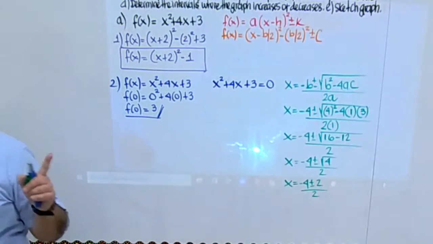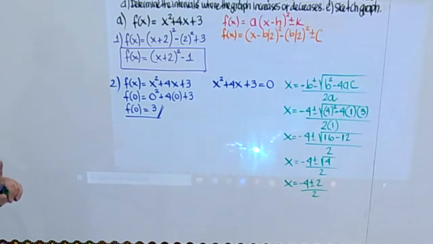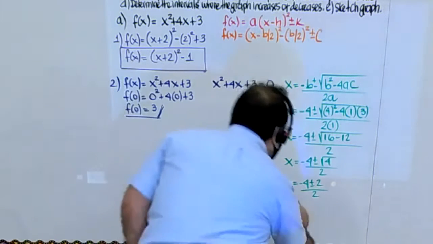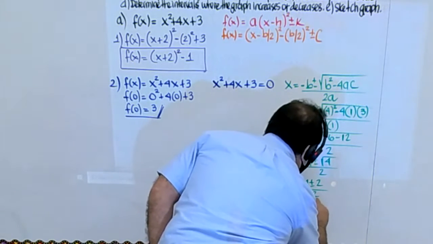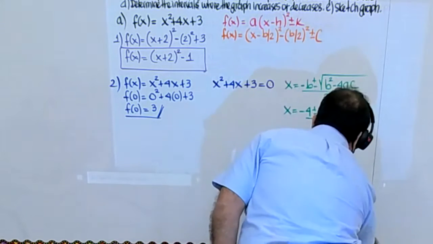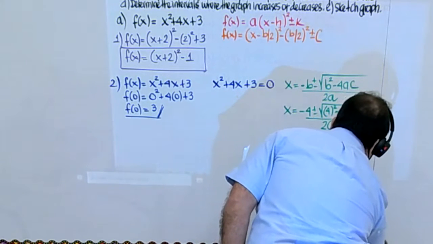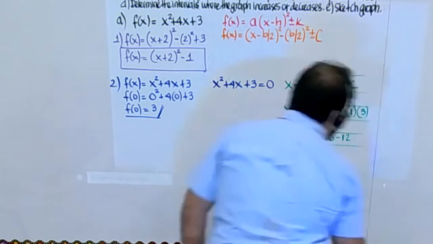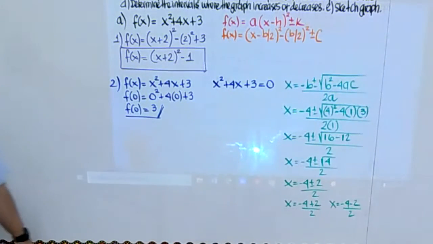And remember, we have two solutions. One of them will be the positive, and another one will be the negative. I mean, x equals negative 4 plus 2 divided by 2. And on the other hand, we got negative 4 minus 2 divided by 2.